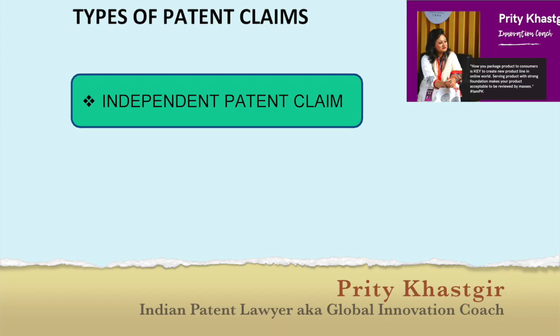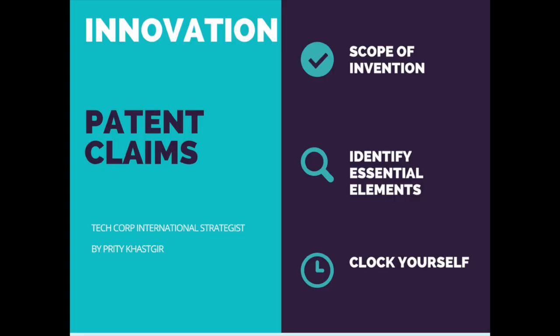So if an invention has more than one embodiment, say for example, the element list for an innovation might have 7 to 8 elements or components or modules. And what is important is the invention can work with 5 important modules.